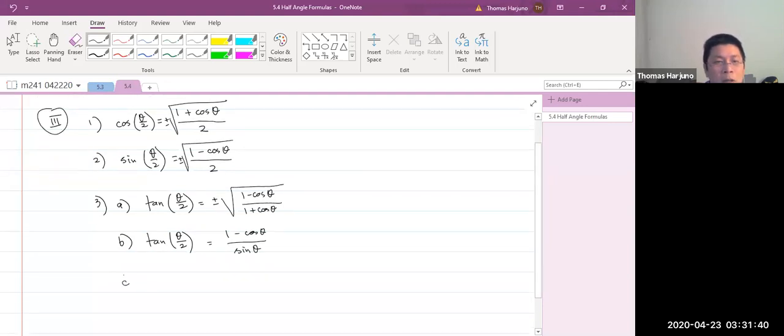And the third variation for tangent half angle is sine theta over 1 plus cosine theta.